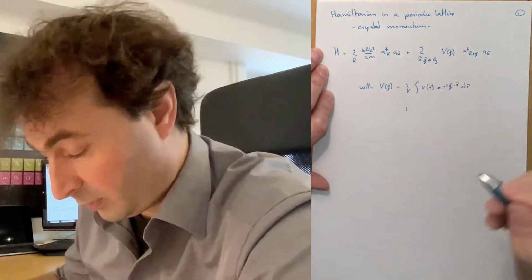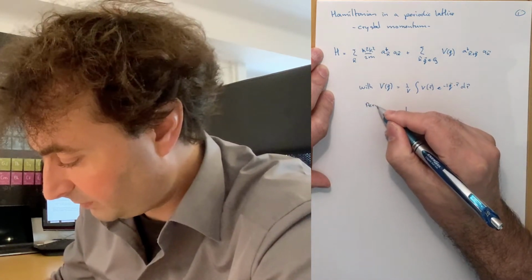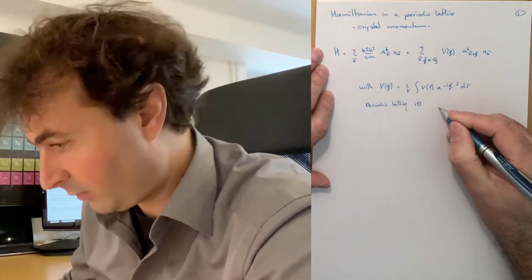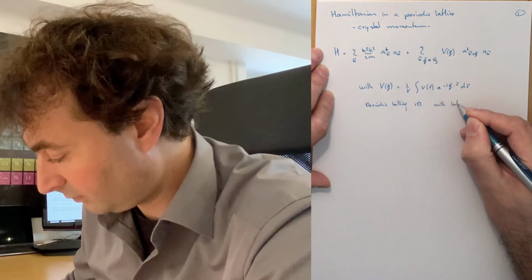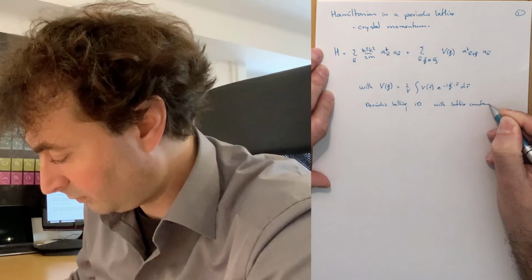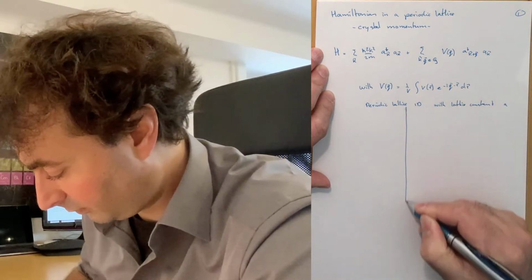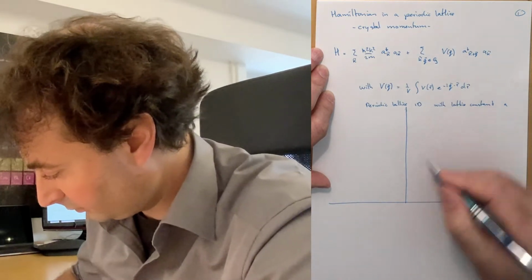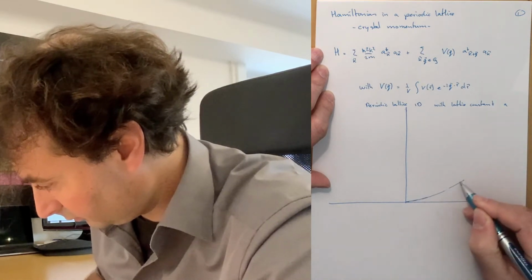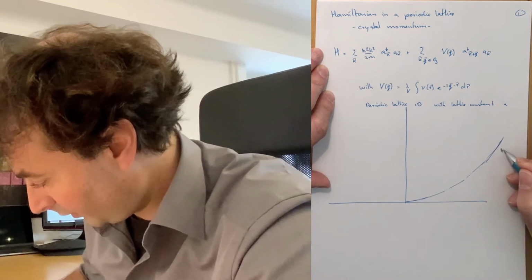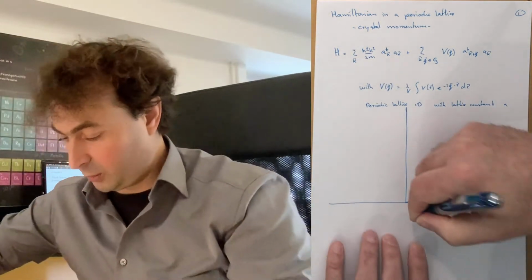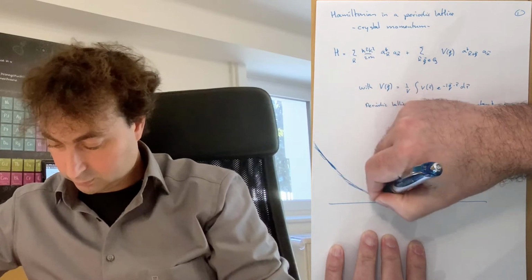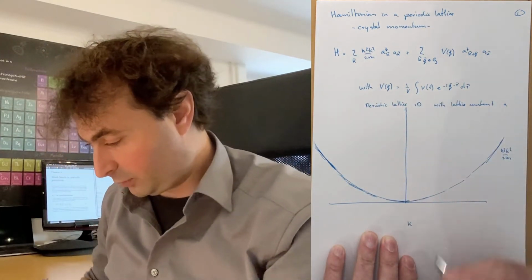So if we look at an example where we take a periodic lattice in one dimension with lattice constant a, we can plot our energy-momentum dispersion, ħ²k² over 2m, if we do not have an interaction between the electrons, as a function of momentum.